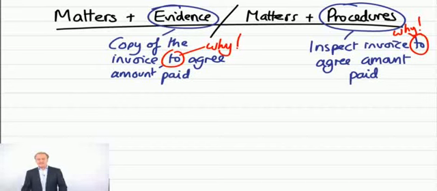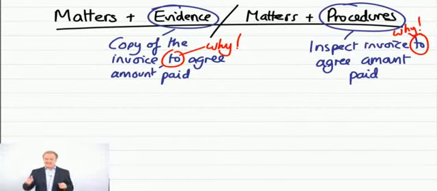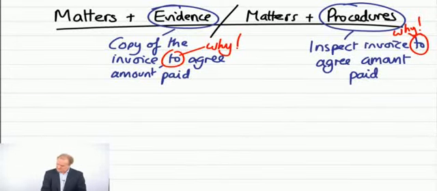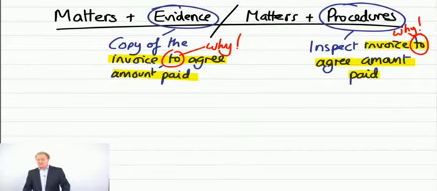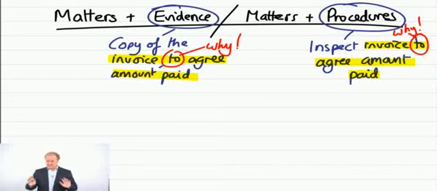So you can see that whether it is evidence or procedures doesn't really change most of what you write, because let's face it, invoice to agree amount paid, same thing. And that's the main body of your answer. So not a huge issue.